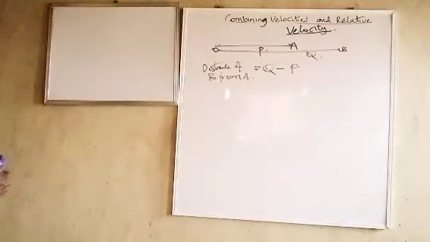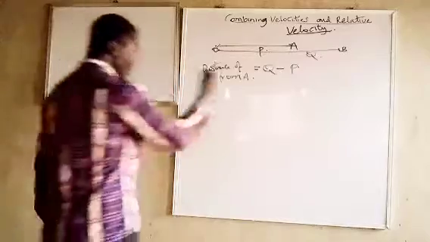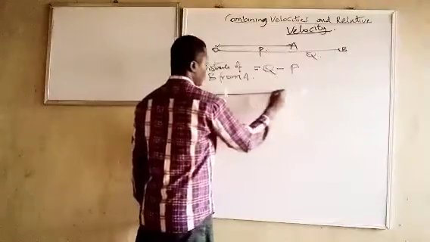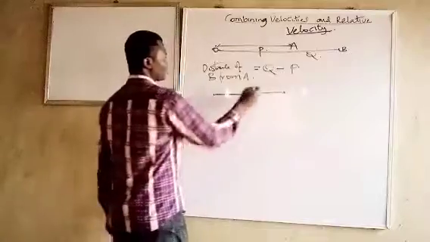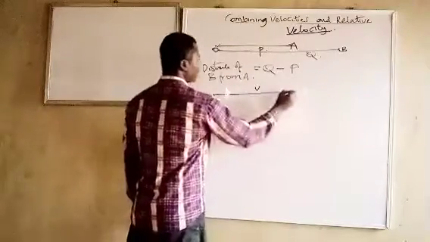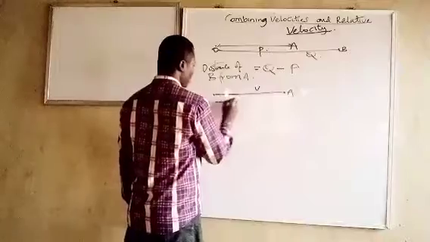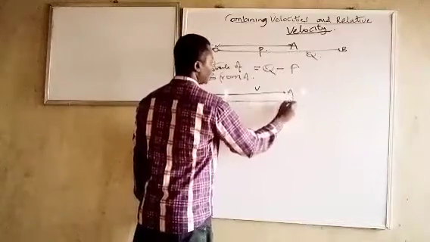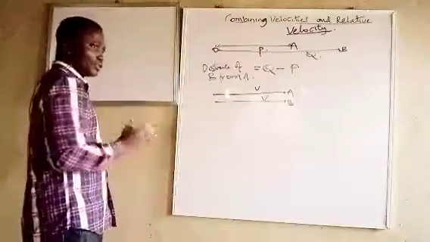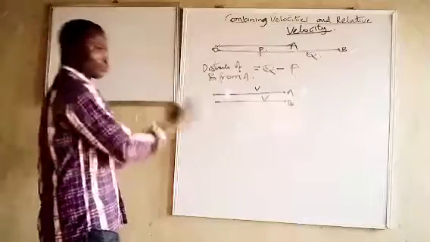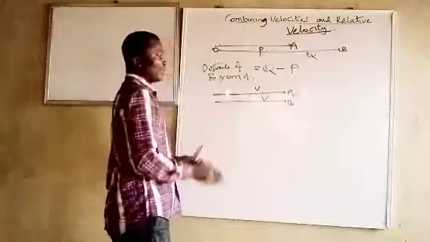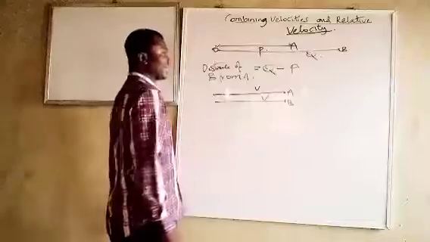I want us to have the pictorial view of this very well. Let's compare two bodies moving together. Let's say A is moving with velocity v, and B is moving with velocity v. If you look at the two of them, their positions compared to each other stay equal at every point in time, especially when they are side by side.